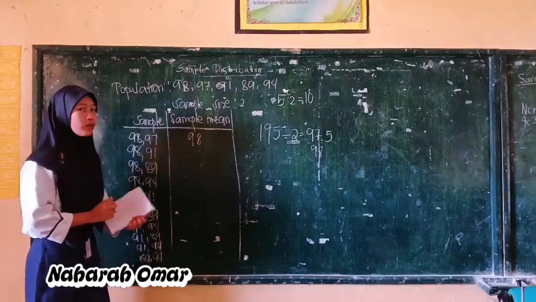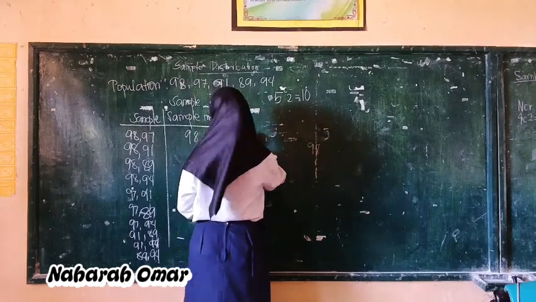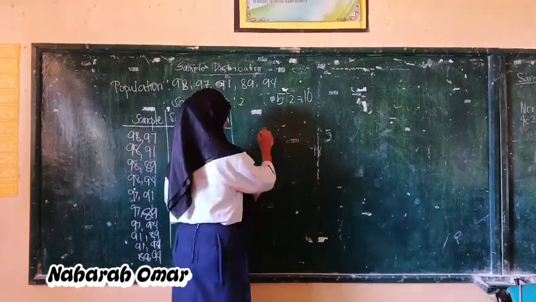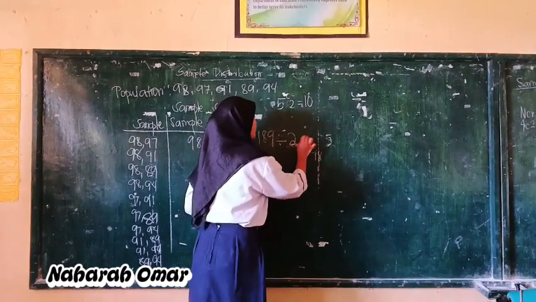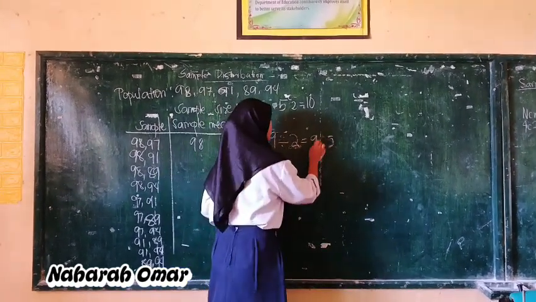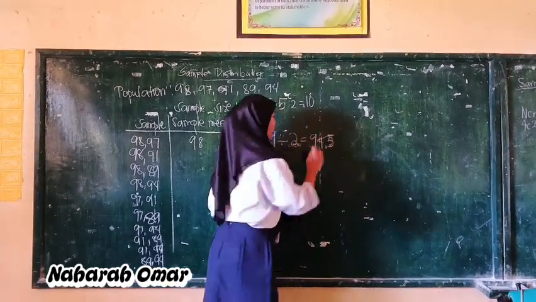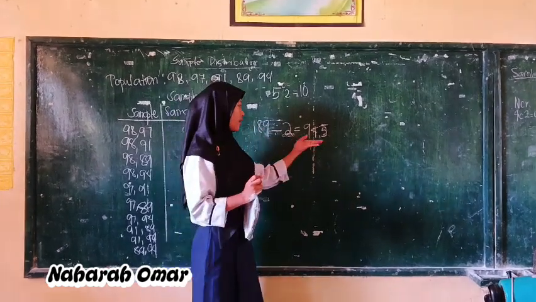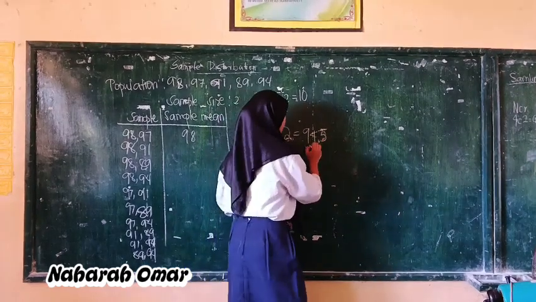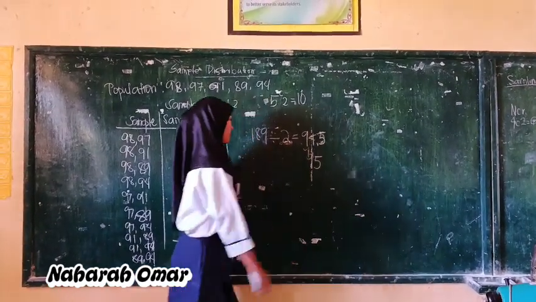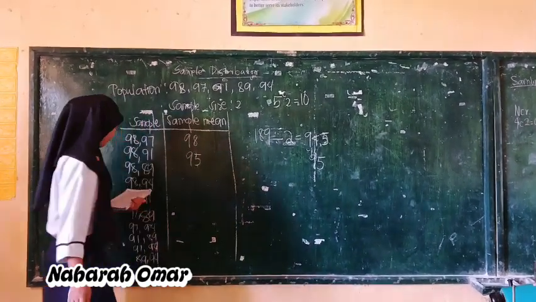Next, we add the second column: 98 plus 91 is equal to 189. We divide it by 2 and get 94.5. Again, we round off the 5 because it's 5 and above, so it will be 95. So in our second sample, we have 95.